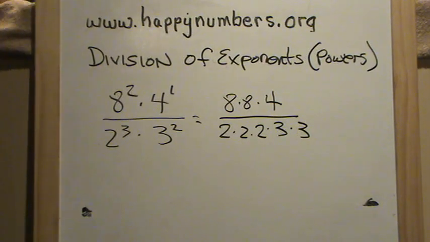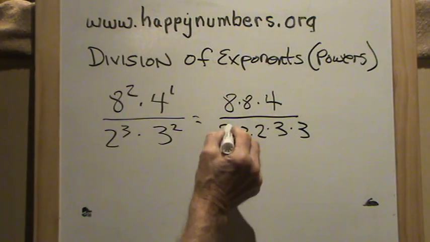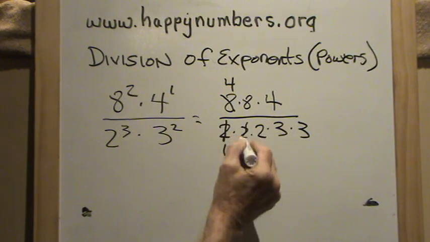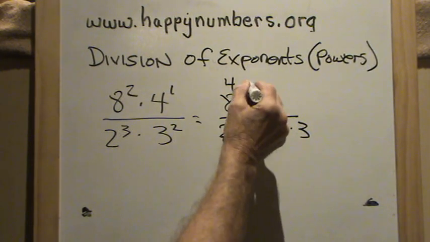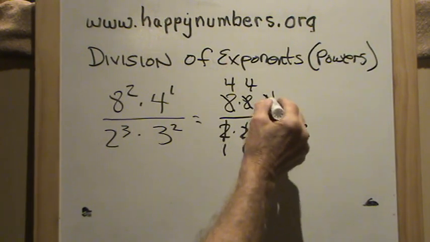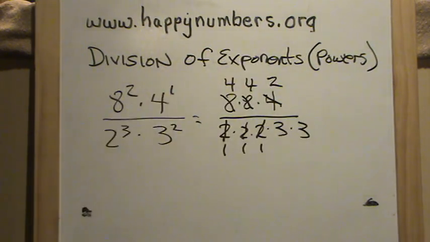Well, okay. Well, we can do some canceling here. We can say 2 goes into 2 one time, 2 goes into 8 4 times, 2 goes into 2 one time, 2 goes into 8 4 times, 2 goes into 2 one time, 2 goes into 4 2 times.